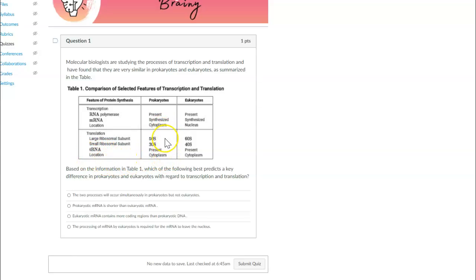So since they're both occurring in the cytoplasm, they're going to be happening at the same time. Whereas in eukaryotes, we know transcription happens in the nucleus, but translation happens in the cytoplasm. So the mRNA has to leave the nucleus to go into the cytoplasm, so it's not going to happen simultaneously. Okay, and so that's the clue for how we got this first answer: the two processes will occur simultaneously. Okay, hopefully that helps explain that.